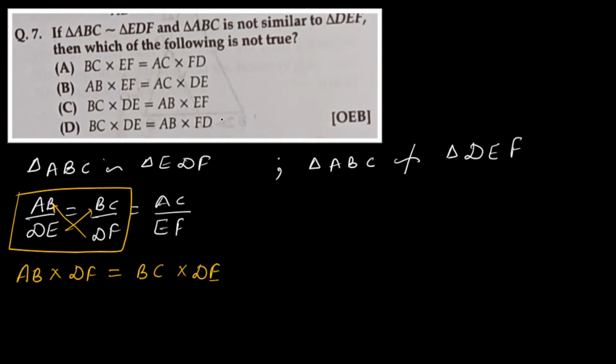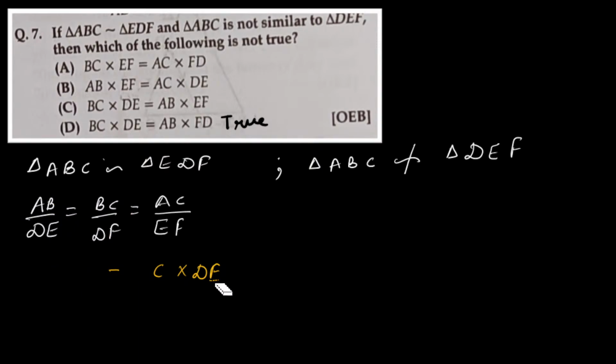That means D option is true. We have to find which is not true. D is true if I use the first two ratios. I have written DF, they have written FD, both mean the same. So D is true.